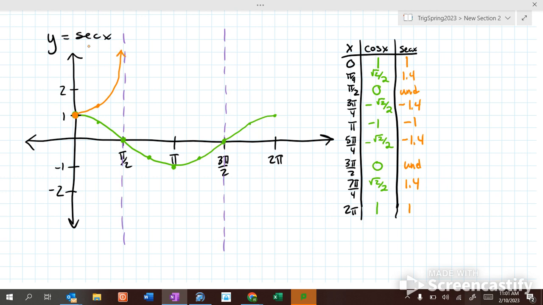And it's going to be asymptotic with that dashed line. I'm going to get closer and closer to that dashed line. Never going to touch it. All right. At pi, I'm going to be at negative 1. 3 pi over 4 and 5 pi over 4, I'm going to be at negative 1.4.